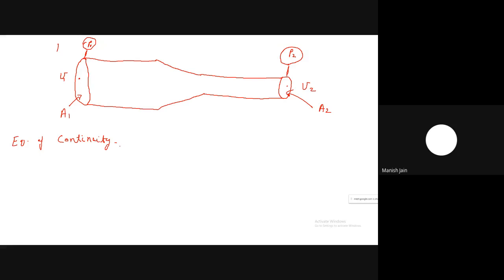So mass is conserved means the mass flow rate at points 1 and 2 should be equal. Whatever liquid is entering from this point, the same liquid will leave from this point. The mass will not change.